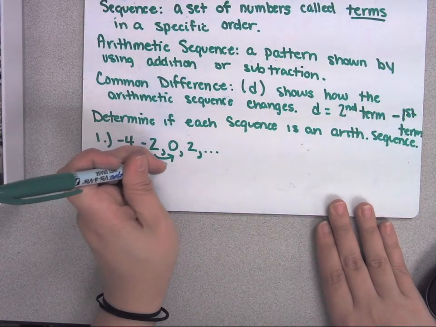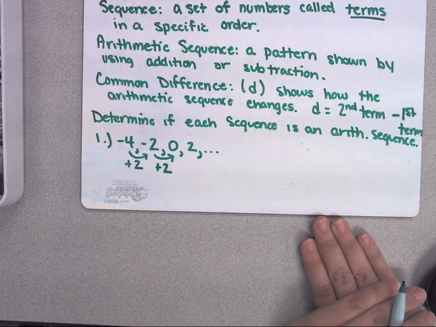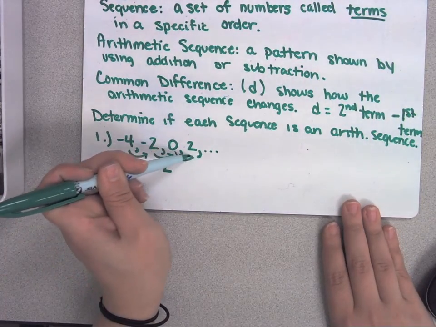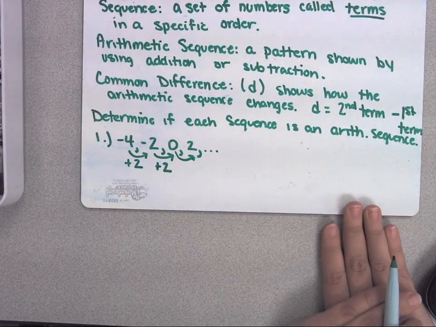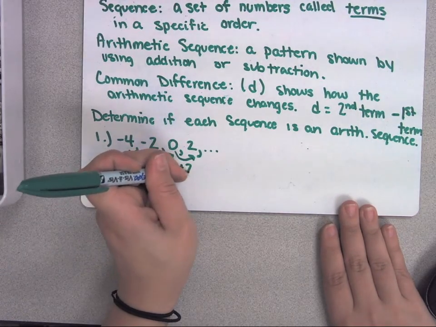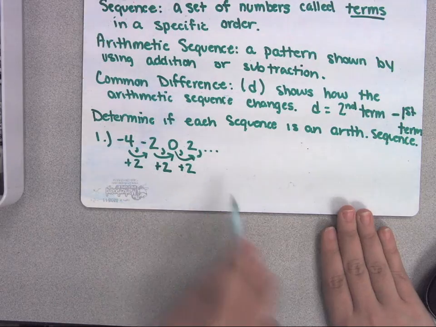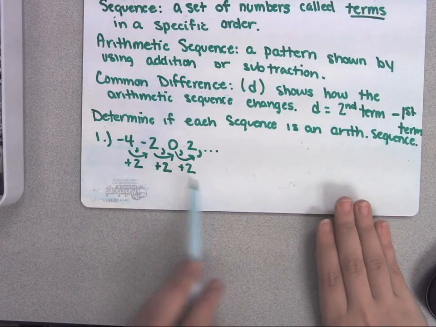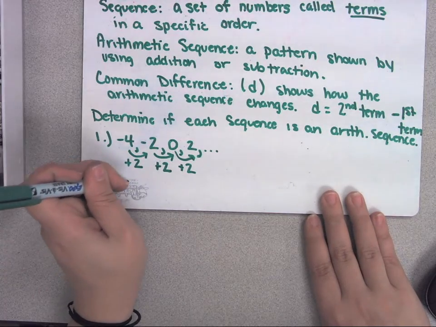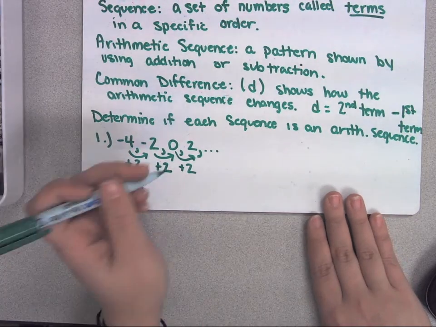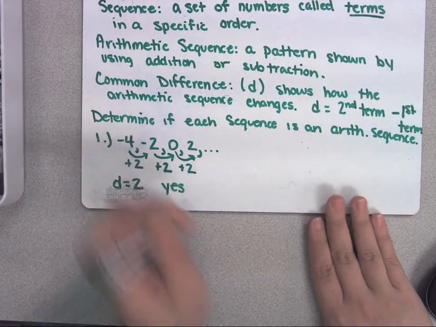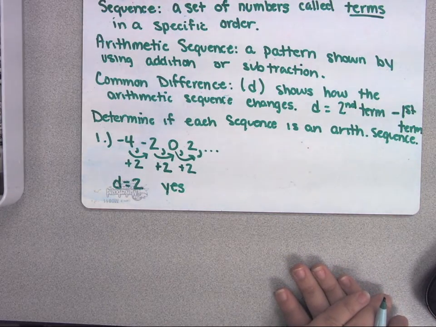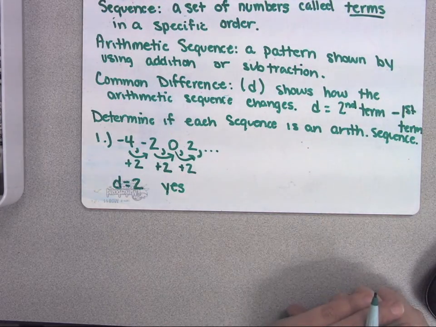Yep. From 0 to 2, do I add 2? Yeah. Every one of those numbers is the same. So I can say d equals 2. So yes, it's arithmetic. No reason to write arithmetic over and over again.